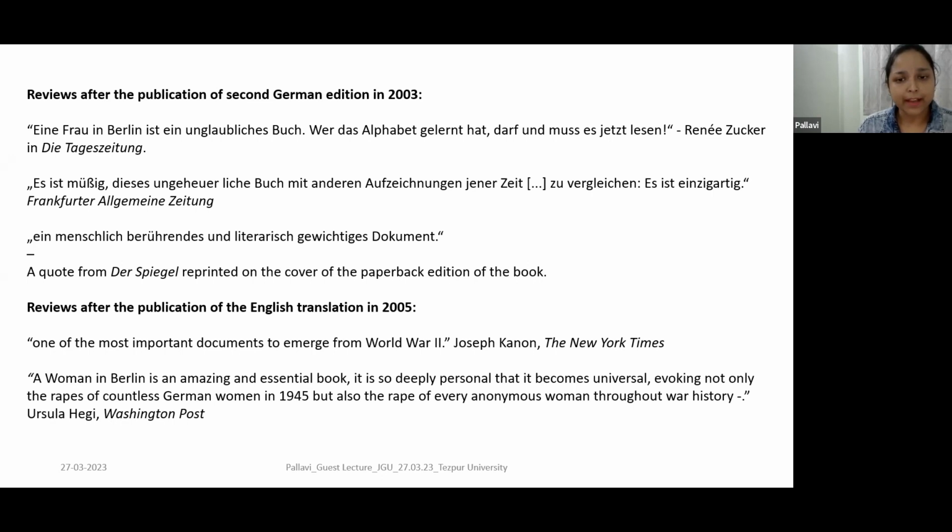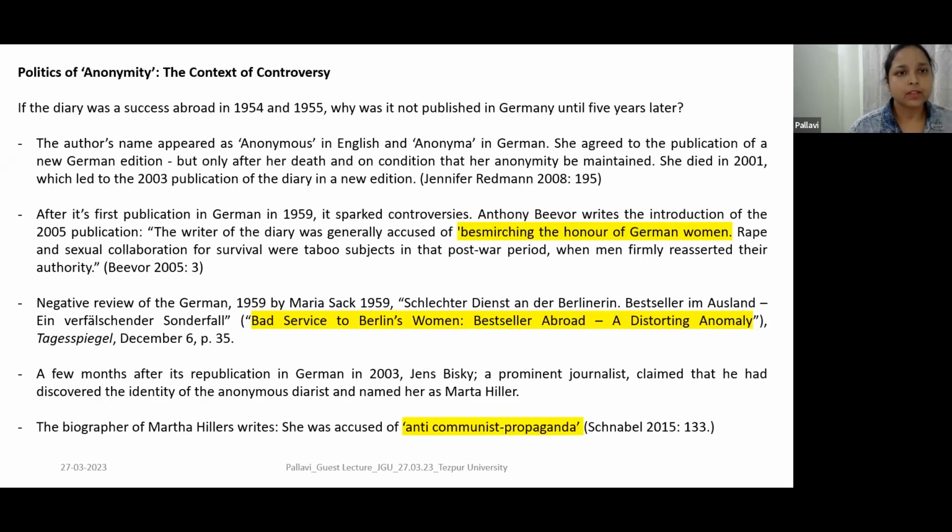In 2005 the British edition came, and again it had all positive remarks from the New York Times, Washington Post, etc. So the politics of anonymity is also connected with the controversy here.